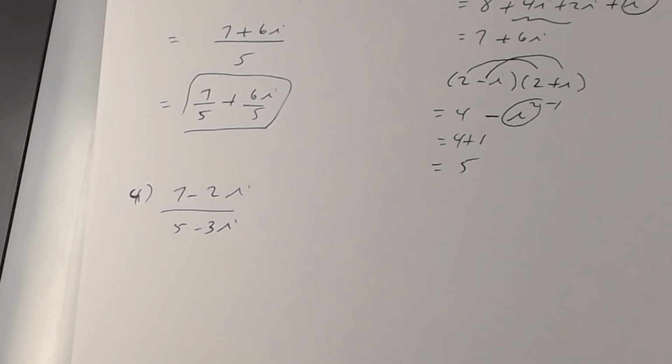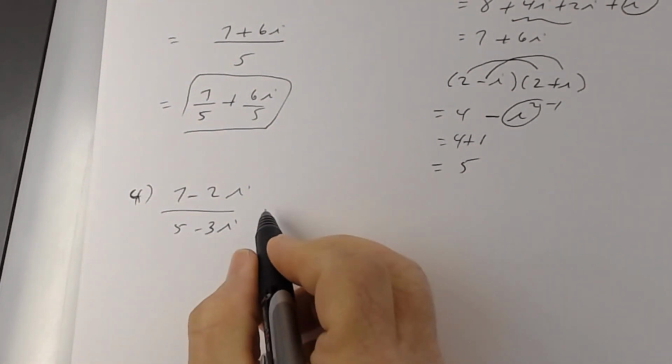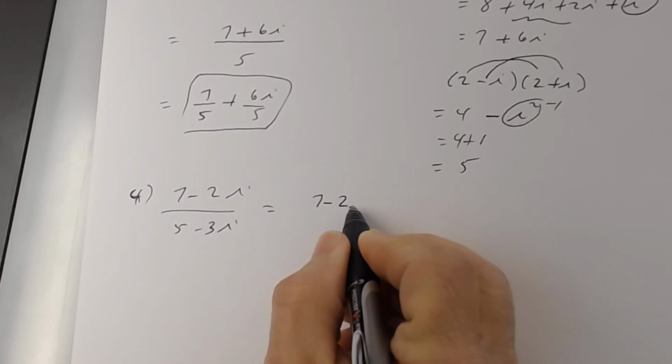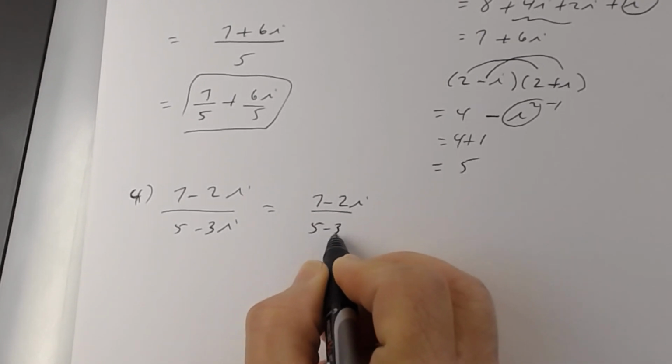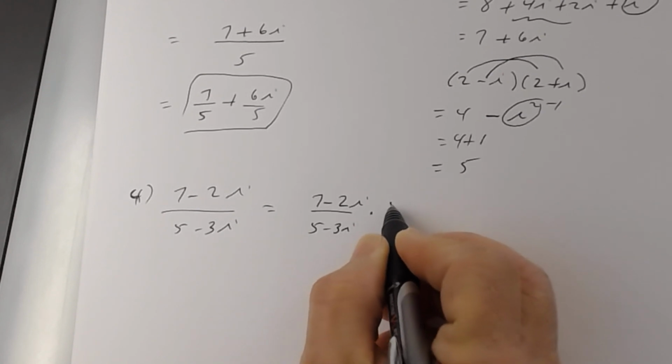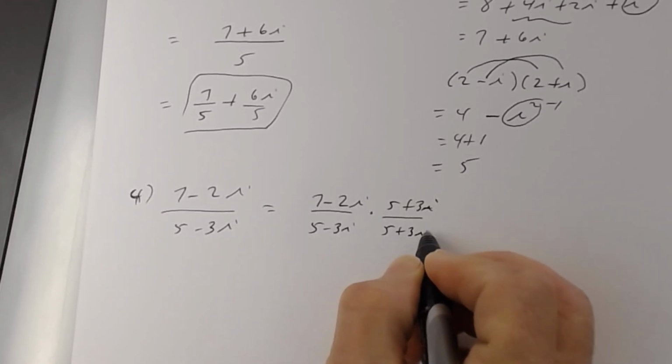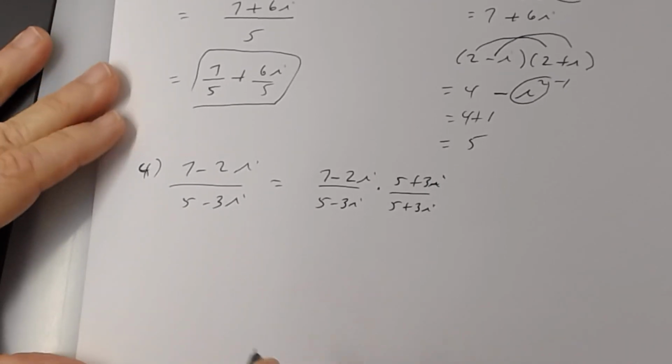Notice you don't want i in the denominator. In fact, you want the denominator to be a rational number. So what do I need to multiply numerator and denominator by? 5 plus 3i. Okay, so let's FOIL the numerator.